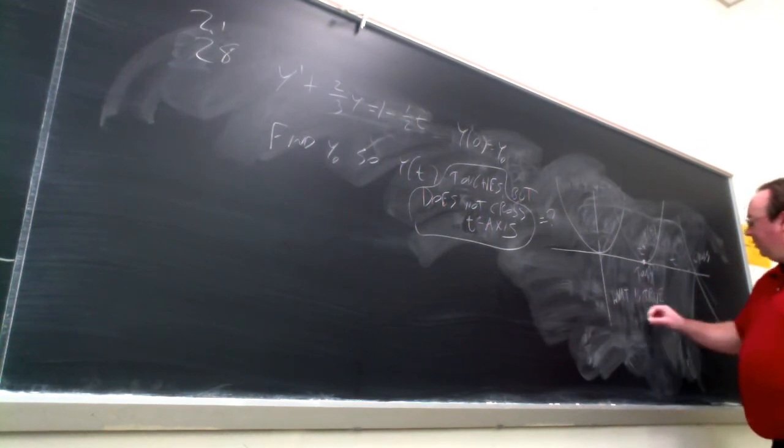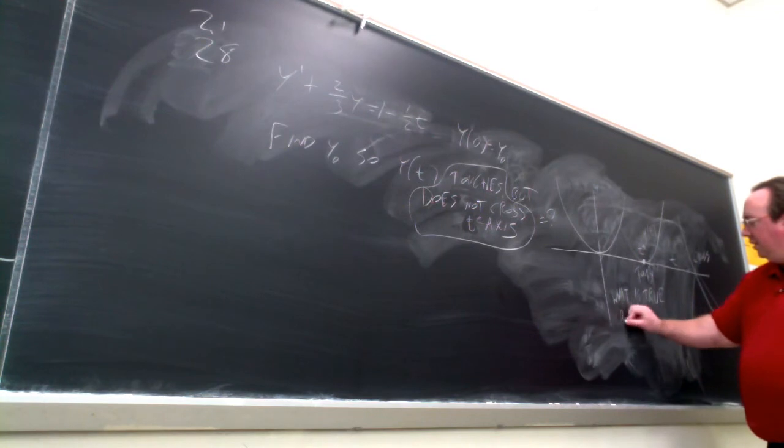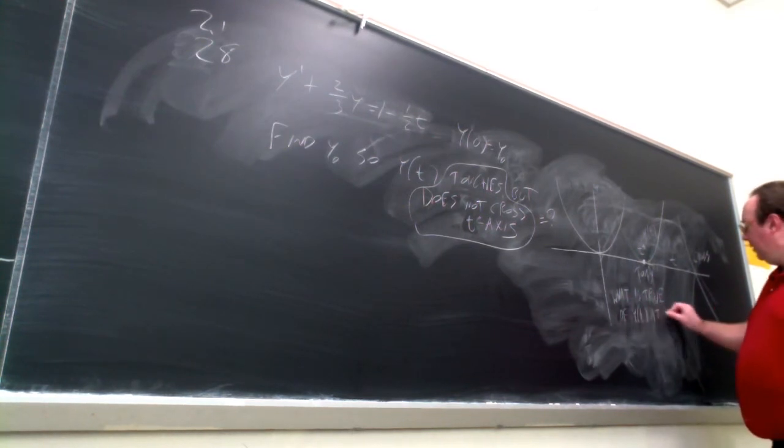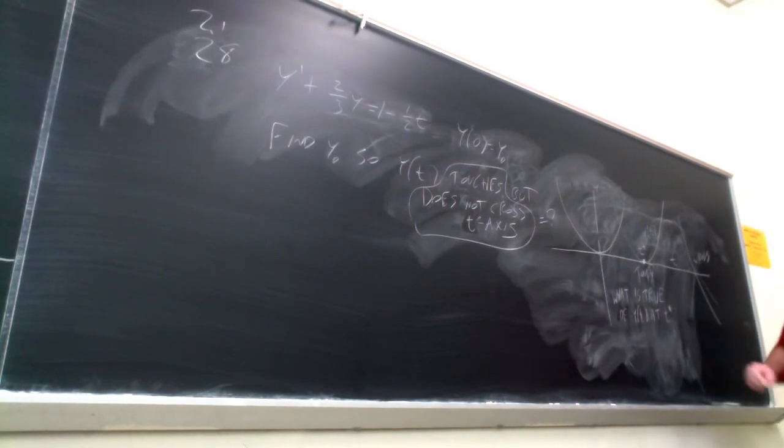So the question now becomes, what is true of y of t at this point? What we want is an equation. We want to move past words here, because once you have equations, that's something you literally work with. So what kind of mathematical statement can we make about how y is behaving at that particular point?